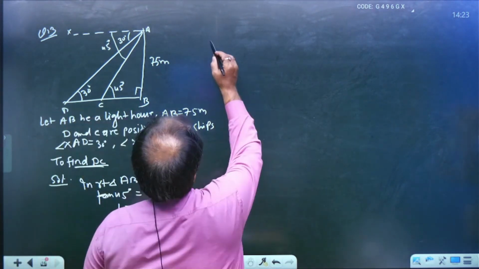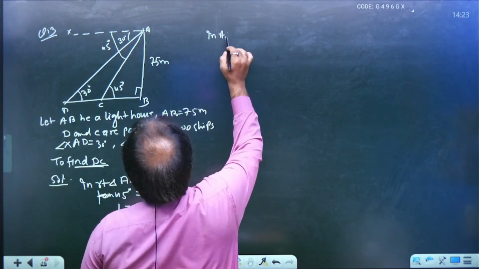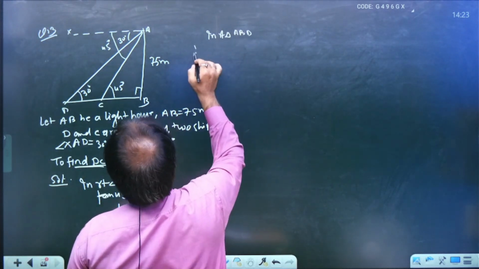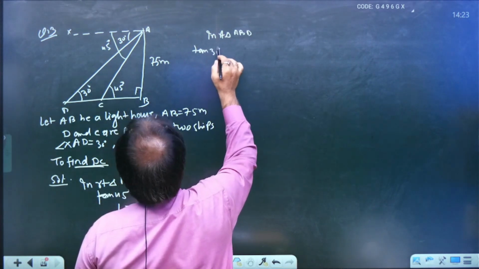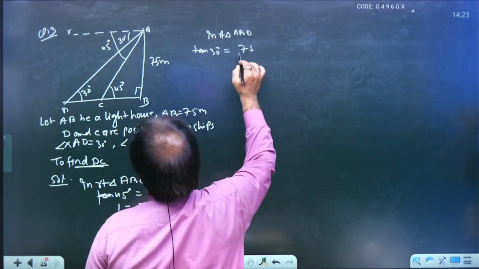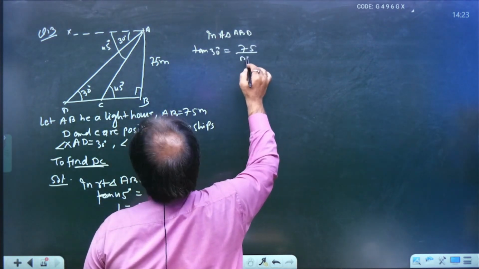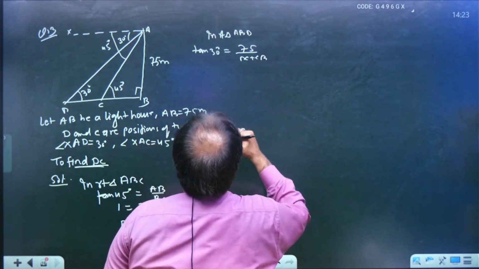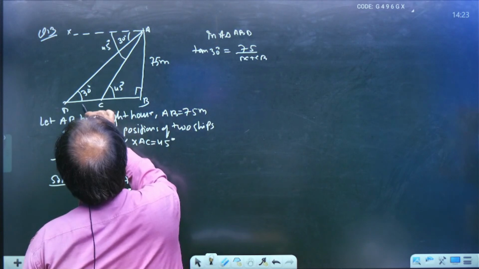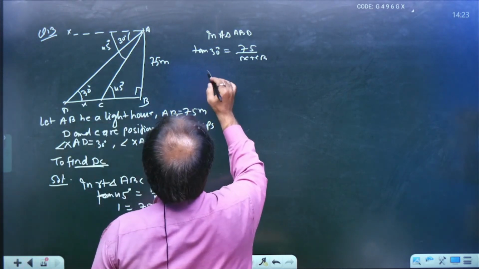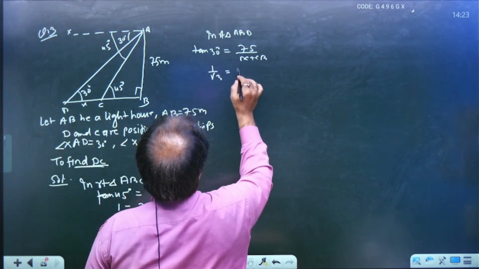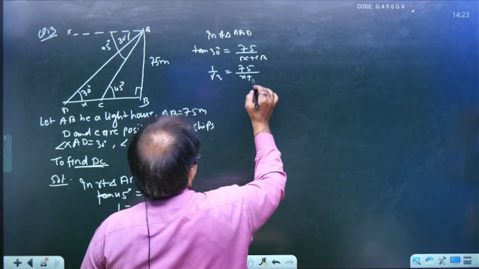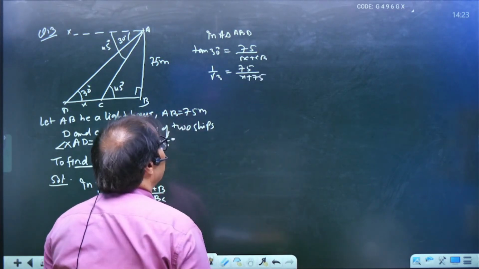Now go in right triangle ABD, and tangent 30 degree is equal to 75 upon DC plus CB. Say DC is X. So 1 by root 3 is equal to 75 upon X plus the value of CB, which is also 75.